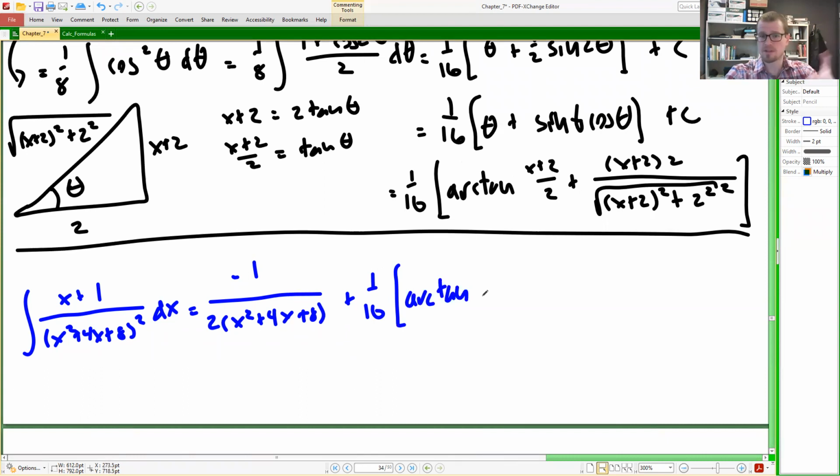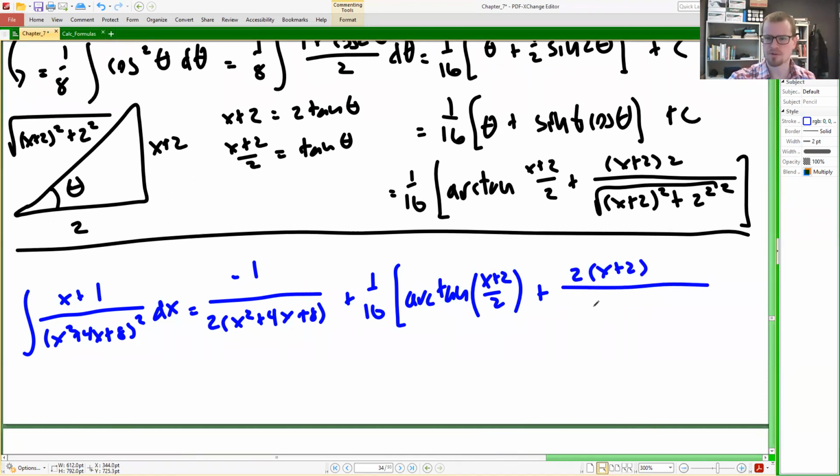That's the same thing, because to the negative first is saying the inverse. Arctangent of (x plus 2)/2, plus 2 times (x plus 2) divided by the square, and the square root go away to leave us with, and this is actually exactly right, x squared plus 4x plus 8. And that's it, the squares go away.